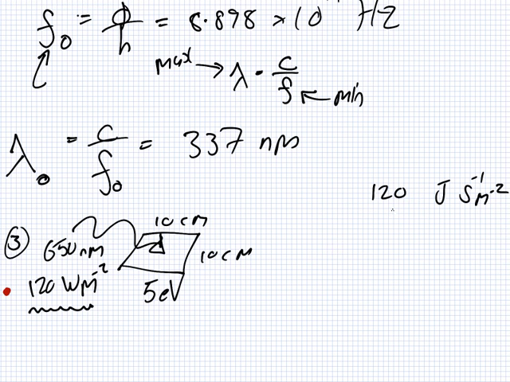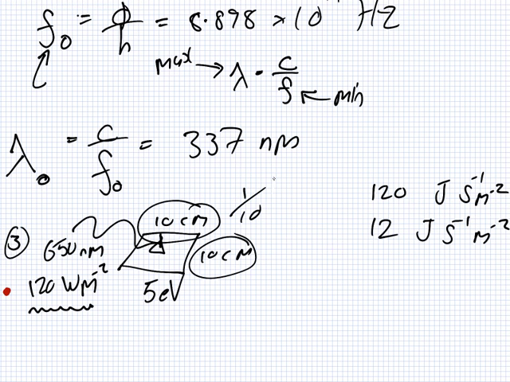So if 120 joules per second per meter squared fall on this, then 12 joules per second fall on this, because this area is 1/10 of a meter squared. So it's 1/10 of 120. So we multiply by the area. I'd like it as a fraction.